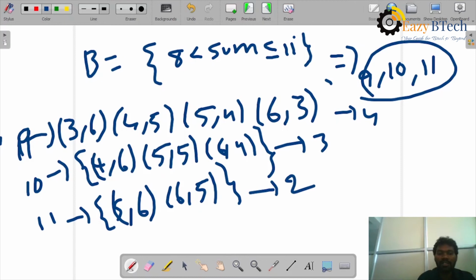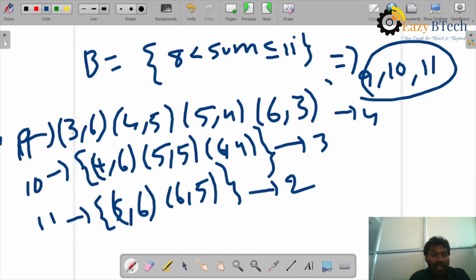Is there any other chance? Just remember, check here, 3 comma 6. Suppose I take the first one as 2, then the next should be 7, but in the die the maximum limit is 6, so a first die of 2 is not valid here.